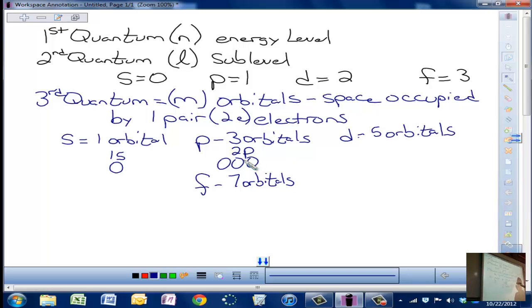If we were talking about a 3D, I would put 5 circles underneath. Each circle is just going to represent an orbital. And the last one here is 4F: 1, 2, 3, 4, 5, 6, and 7. So I would draw 7 circles beneath.